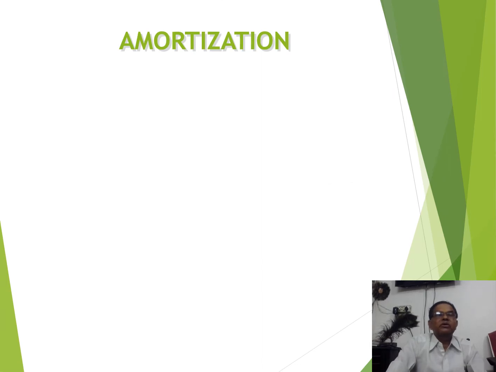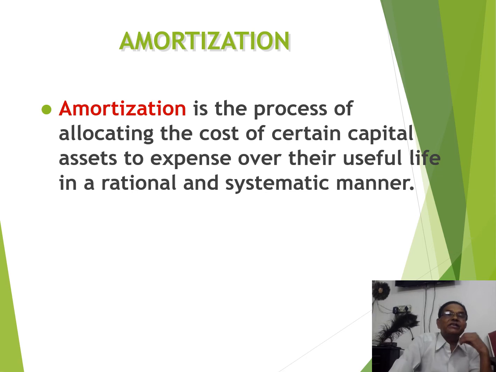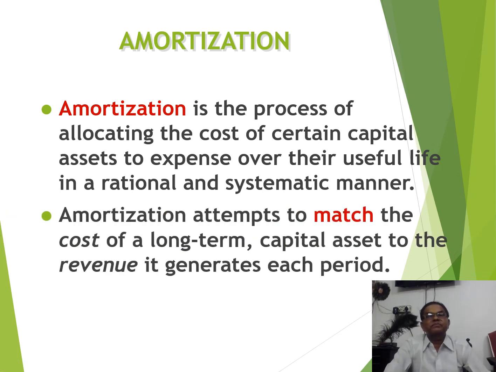The next one is amortization. What does it mean? It is the process of allocating the cost of certain capital assets like goodwill, discount on issue of shares and debentures, and preliminary expenses.